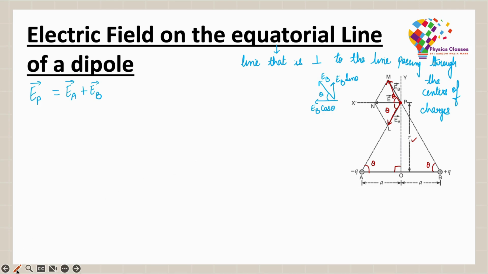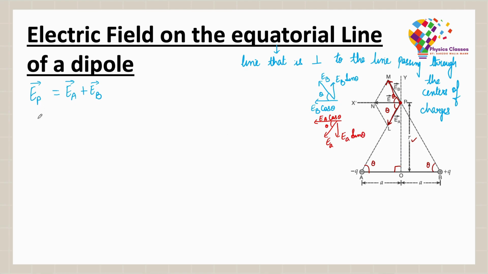Similarly, if you look at EA, I can take components of EA as well. EA is inclined here at an angle theta, so this side would be EA cos theta, and this side would be EA sine theta.